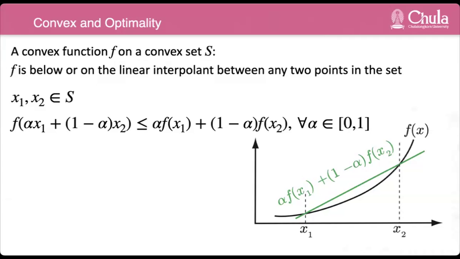For any alpha, the value of the interpolant is above f, the function. So this function is convex. What about concave? The opposite way, when the function goes this way.